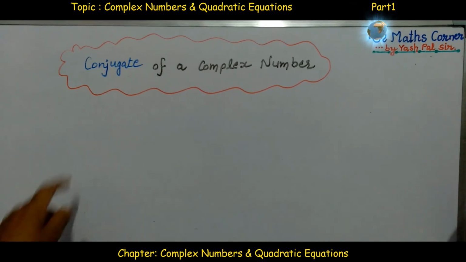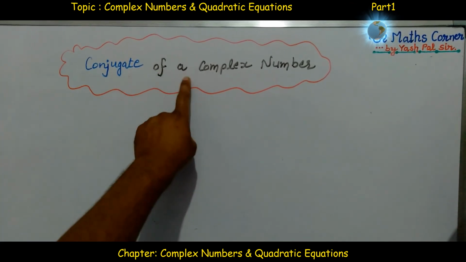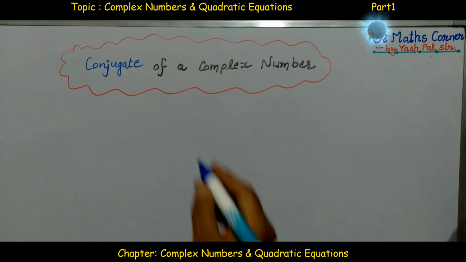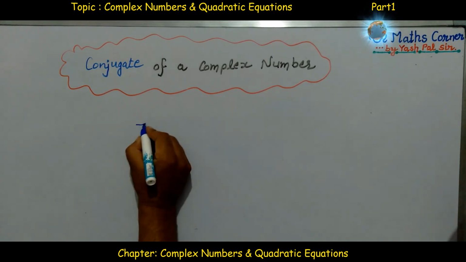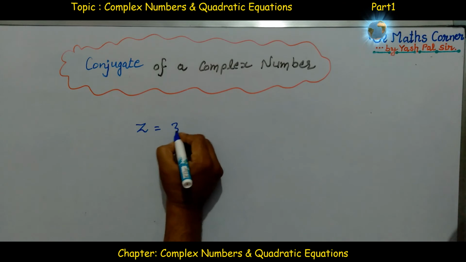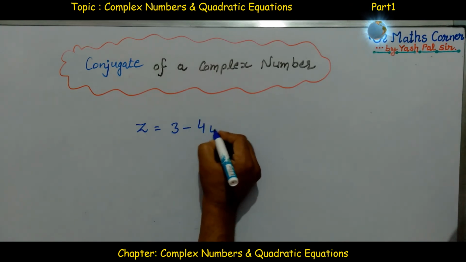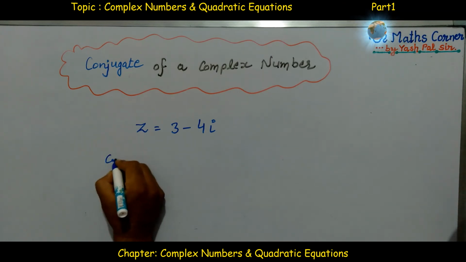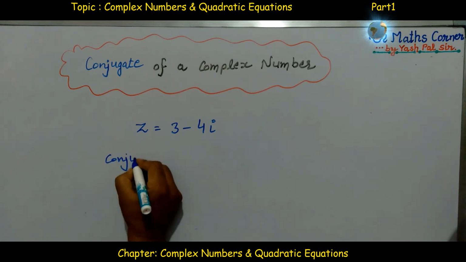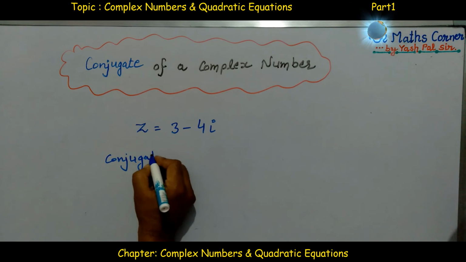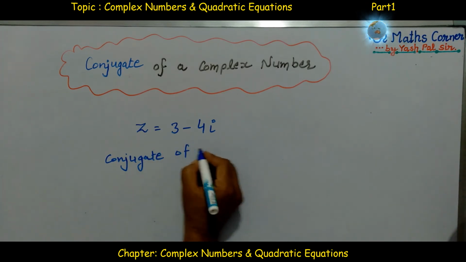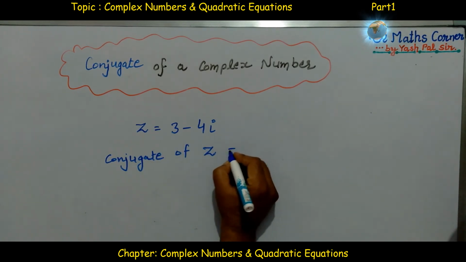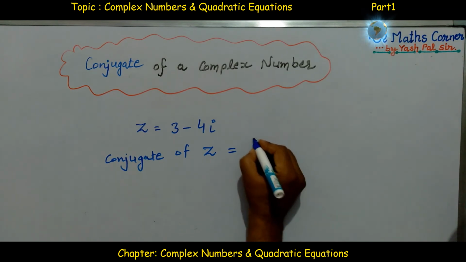Now next we have the conjugate of a complex number. With the help of one example, suppose z is equal to 3 minus 4 iota. Then the conjugate of z is denoted by z with a bar symbol.